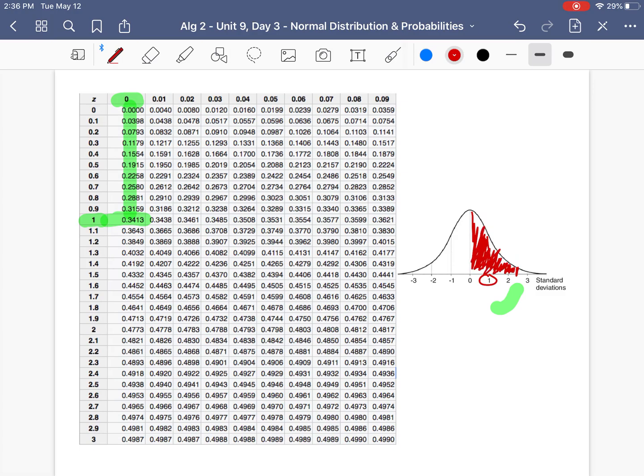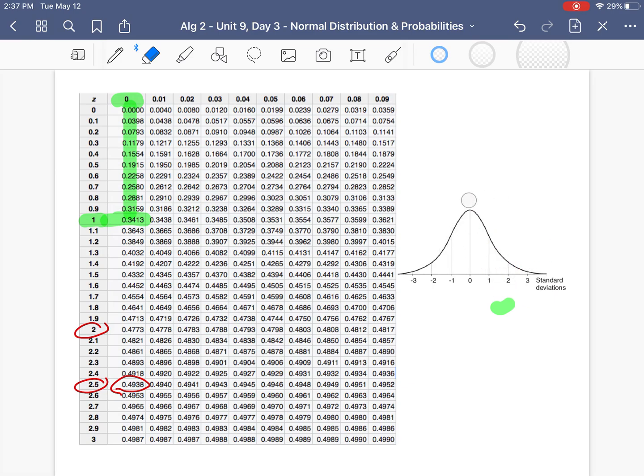I would go to 2, and then over here is, oh, no, I'm sorry, 2.5 is right there. That's a different chart I'm thinking of. So 2.50 would be right there. That would be the amount of space that I would take from the center to that number.